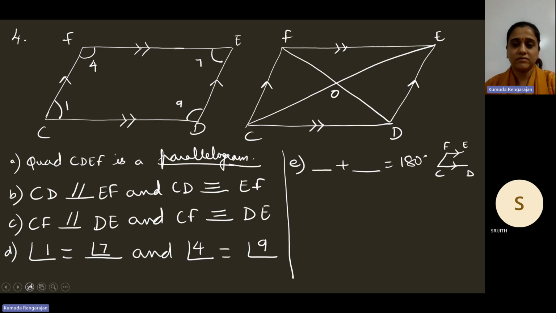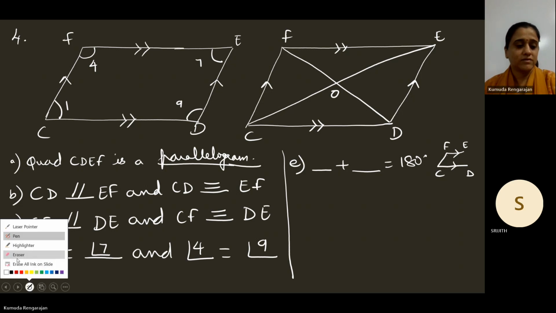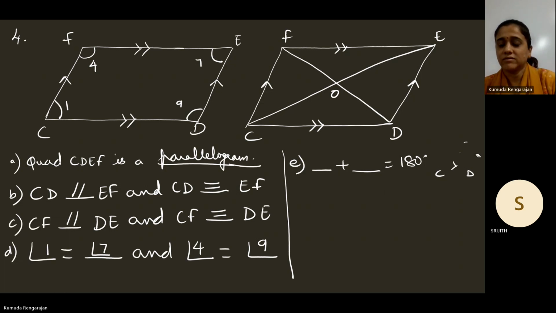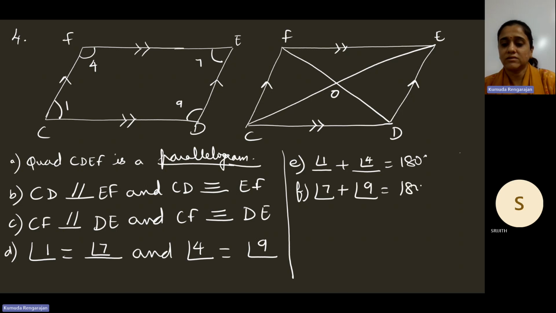One minute. Angle 1 plus 4. Angle 7 plus? That's all? Here you can form 4 C's. Here we can form 4 C's.